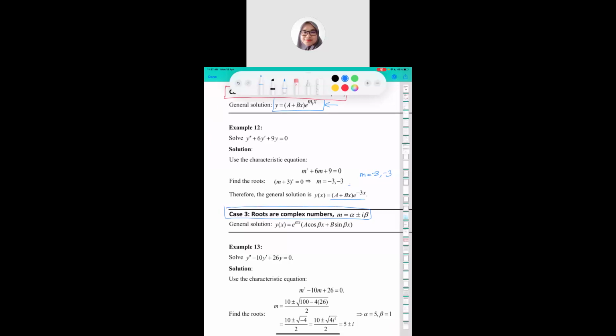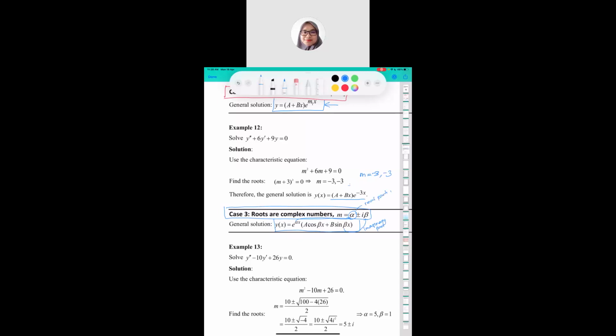So your general solution, kita akan tulis e^(alpha x), alpha daripada real part, and then A cos beta x plus B sin beta x, beta daripada imaginary part. So alpha real part.